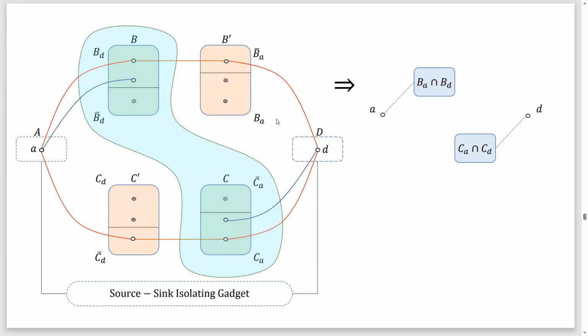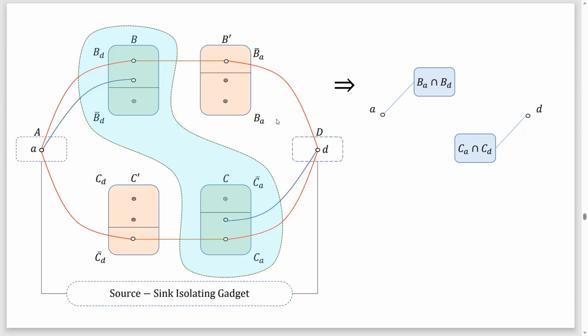Therefore, with a sourcing isolating gadget, first, we can ignore everything else in the big set big A and big D. And second, with two set intersection filters, B and B prime on top and C prime on bottom, we can simulate the graph on the right, which remains B cap BD on the top and C cap CD on the bottom.